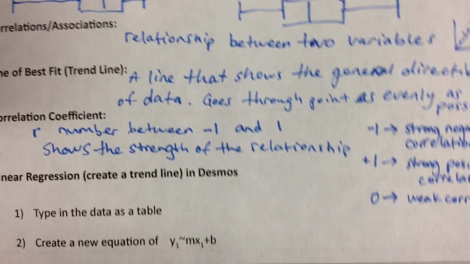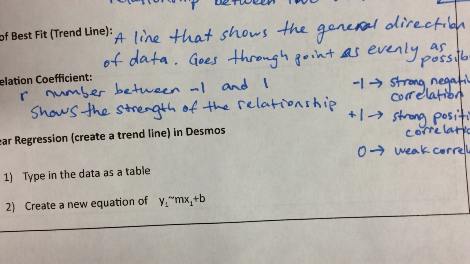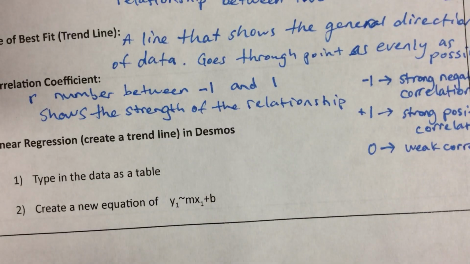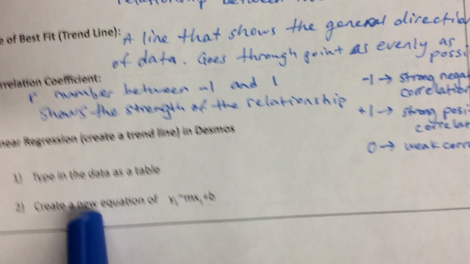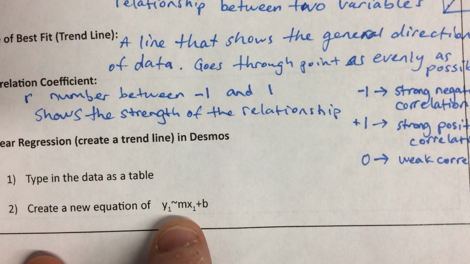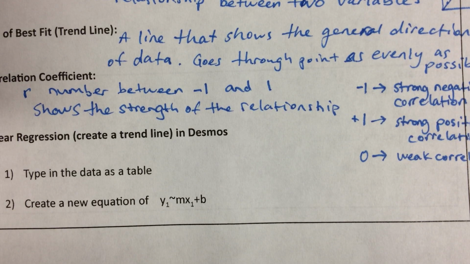Now, in Desmos, they might ask you what is the correlation coefficient, or how strong of a correlation is this data. If you were doing it in Desmos, you type in the data as a table, and then you create a new equation that has y1 squiggly mx1 plus b.